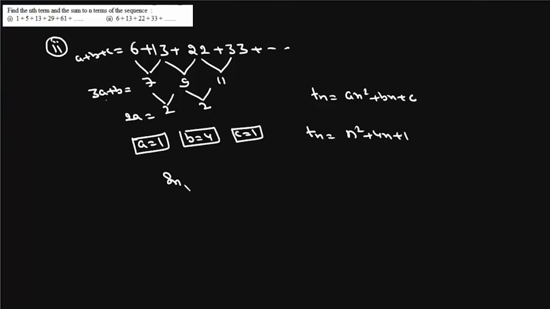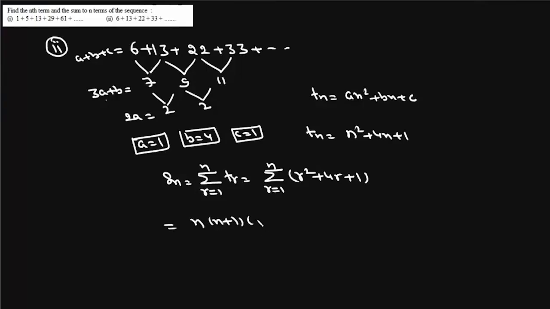Now we need to find the sum of n terms, and there will be the summation, r varies from 1 to n, of tr. So it will be the summation, r varies from 1 to n, of r square plus 4r plus 1. Now the summation of r square is n into n plus 1 into 2n plus 1 by 6, plus 4 into n into n plus 1 by 2, and then plus n.